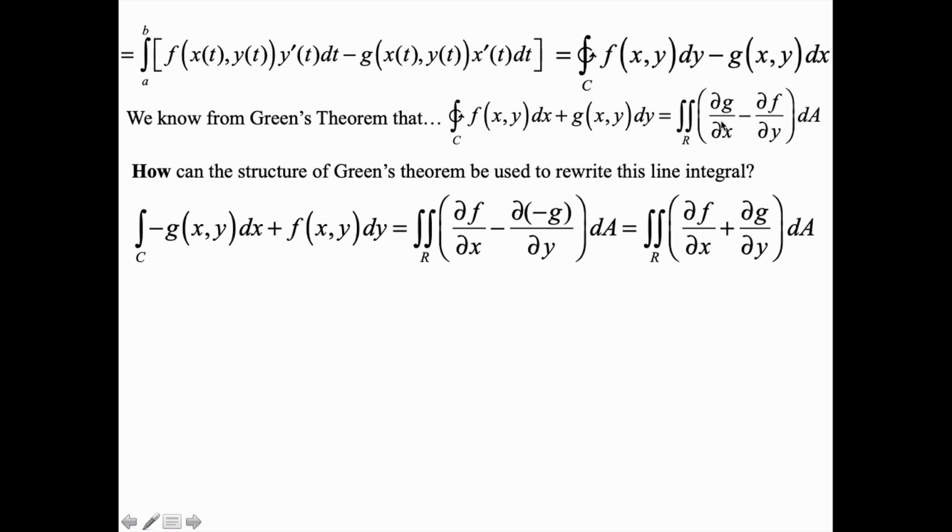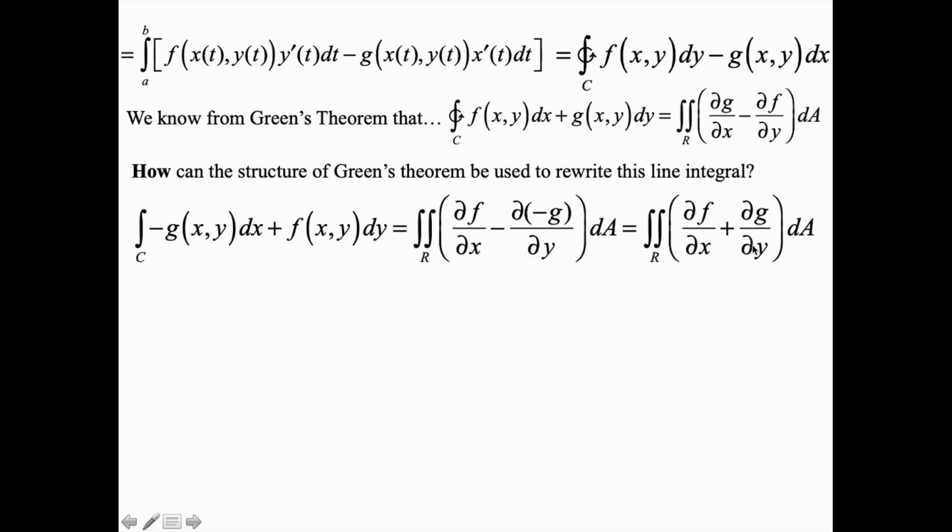So Green's theorem says double integral of the partial of the second function with respect to x. Well, that second function here, instead of being g, is f, but we still want to do that with respect to x. Minus, Green's theorem says, minus the first function with respect to y. Well, the first function here is, instead of little f, negative little g. So minus the partial derivative of negative g with respect to y.